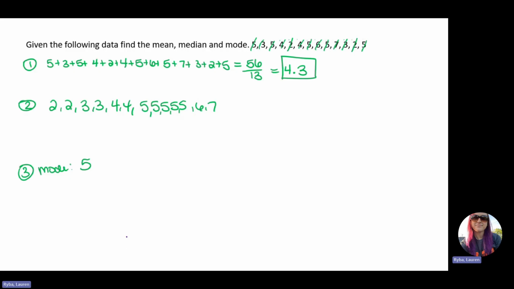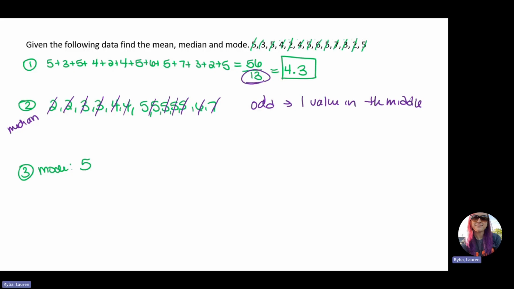Now going back to the second one where we want to find the median. I'm then going to cancel out one on each side until I am left with either 1 or 2 in the middle. Again, it's going to depend on how many data values I have. Anytime it's odd, I will have exactly 1 value in the middle.